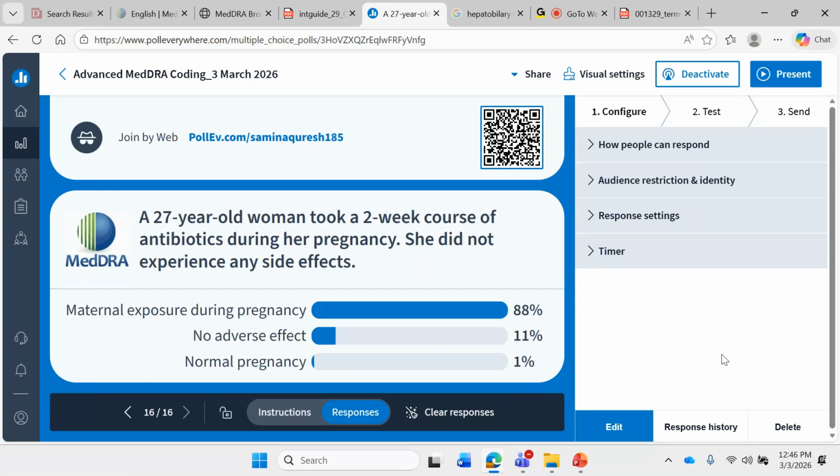There's no information about how the outcome of the pregnancy was. So that's a stretch. The thing that for sure is reported is that she did take some sort of drug during the pregnancy. So there was maternal exposure during pregnancy, and that is the correct answer.